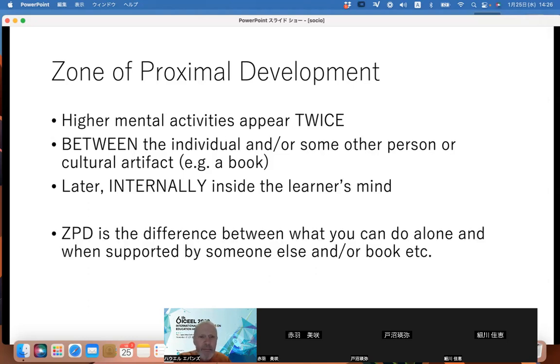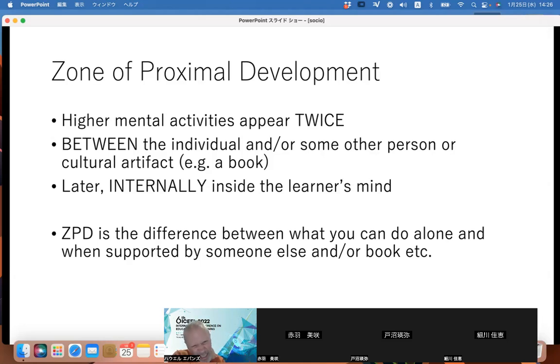So the ZPD, zone of proximal development, is the difference between what you can do alone and when supported by someone else or by a book, etc. In other words, what can I learn if I look at a book, and if I don't look at a book? The difference between that is the ZPD, or whatever we want to call it.